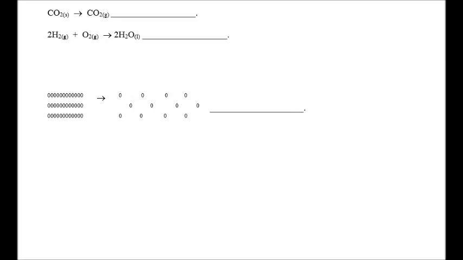In terms of a chemical equation, we look at the symbols. Here we have a solid turning into a gas, even though it stays CO2. This is a process called sublimation, and your entropy is increasing.